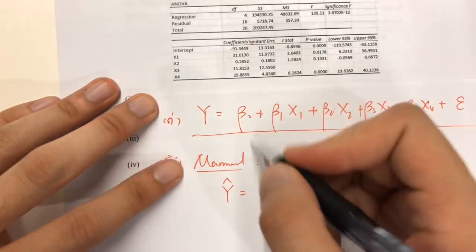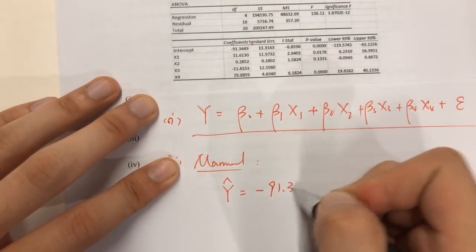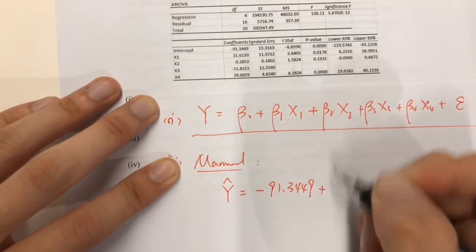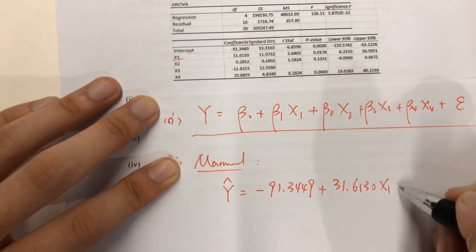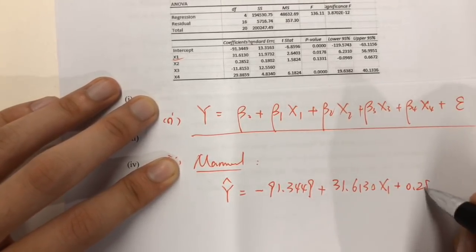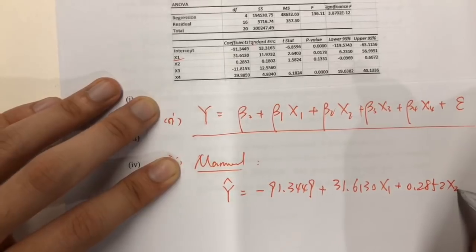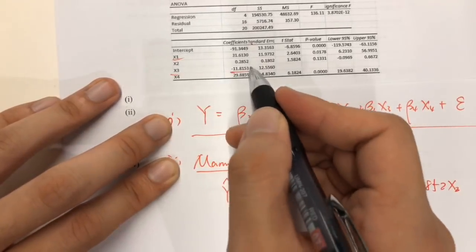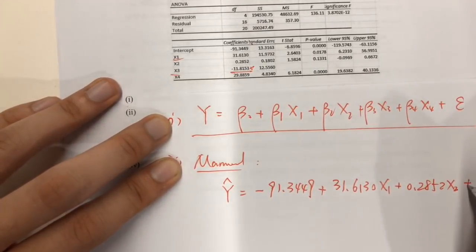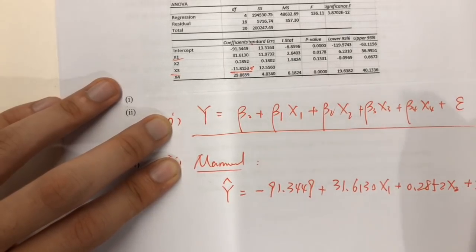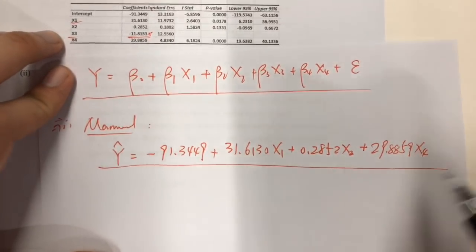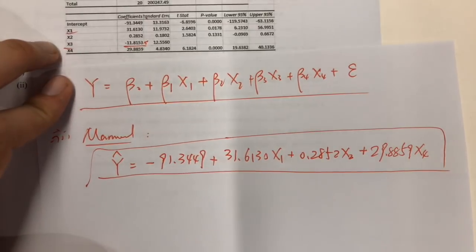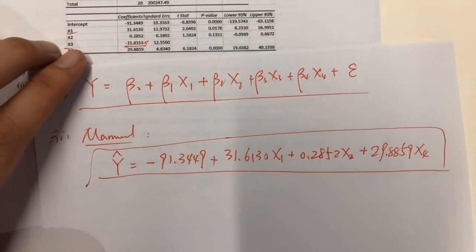Beta 0 is minus 91.3449 plus 31.6130 x1 plus 0.2852 x2. x3 equals 0, so we don't have this term, right? And then plus 29.8859 x4, okay? So this is the prediction equation for the manual type, right?